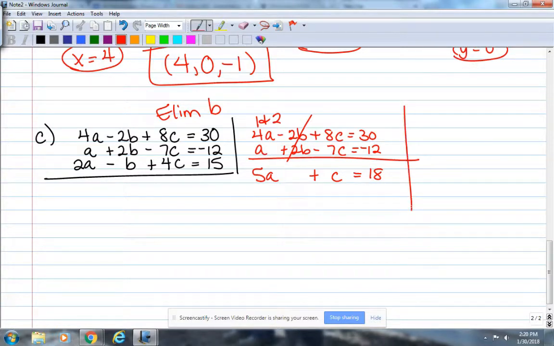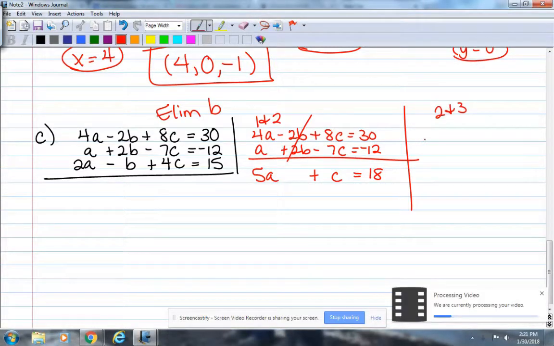All right. Now, we're still eliminating b's. Do y'all want to do the top one and the bottom one or the middle one and the bottom one? Middle one and the bottom one. The middle one and the bottom will actually, if we just multiply by a positive 2, it'll work. We write down equation 2 and equation 3.